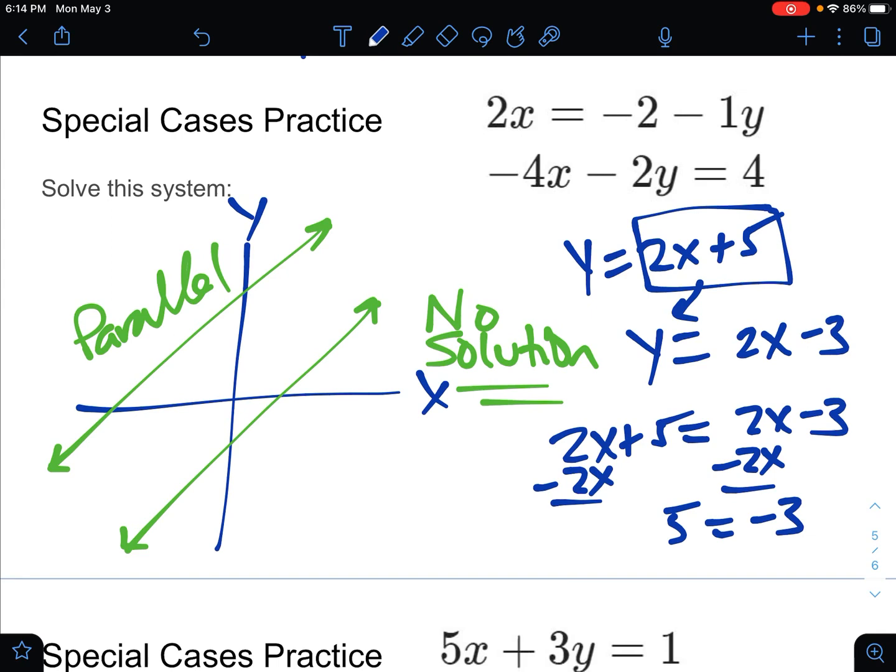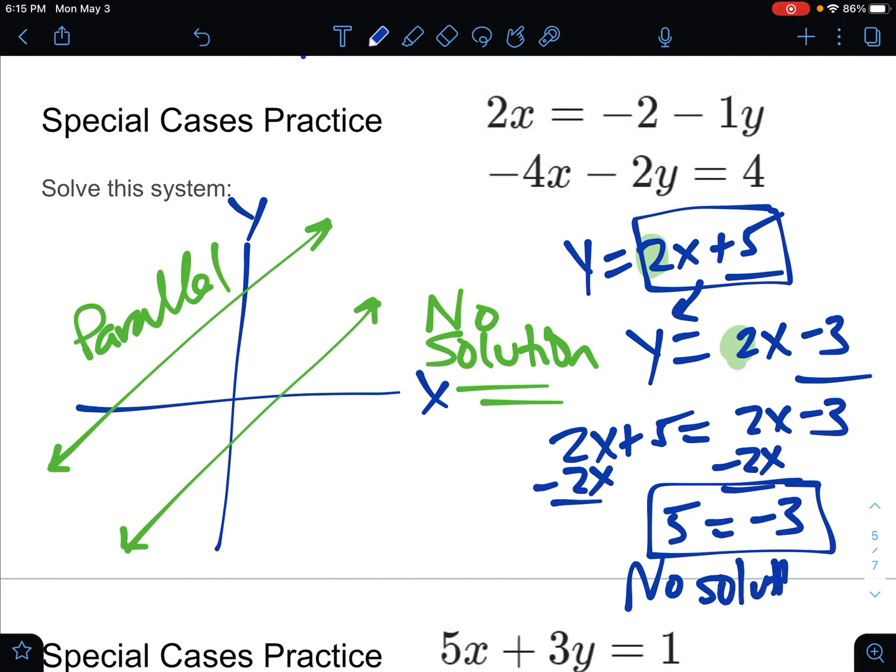So that would be an impossible situation, where the same slope and two different y-intercepts produces an impossibility, and therefore no solutions. There's no place where these lines are going to cross. So if that happens, we just say the lines are parallel and there are no solutions to the system.